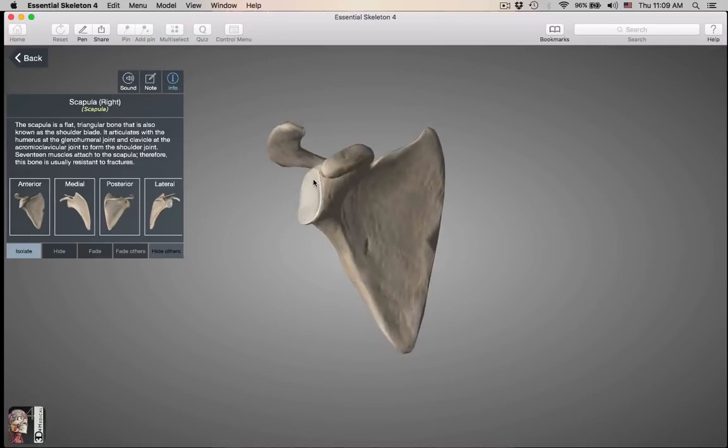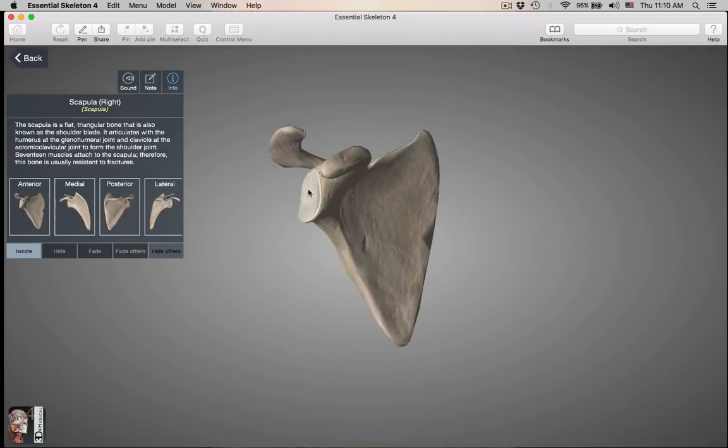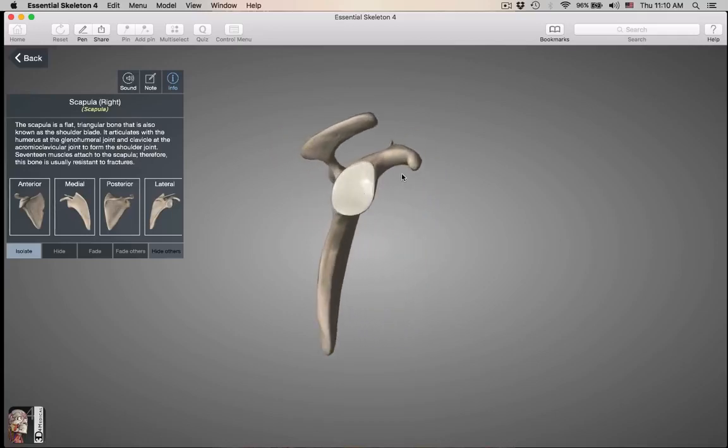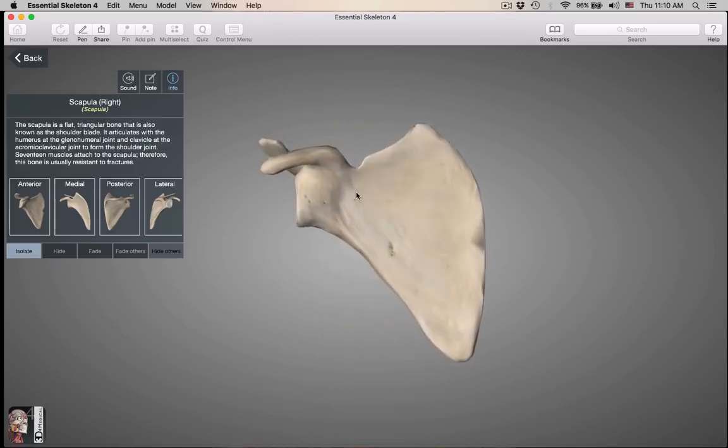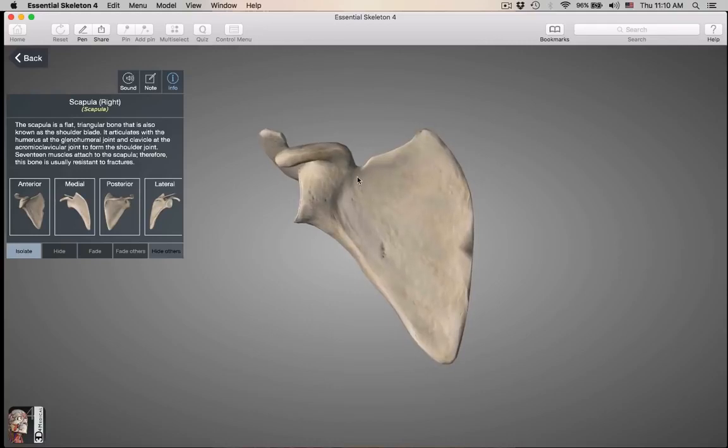Glenoid fossa, some books will call it a glenoid cavity. That is where the head of the humerus is going to be articulating with the scapula. And what else do we have? The coracoid process, this guy here. And the subscapular fossa on the anterior surface of the scapula.